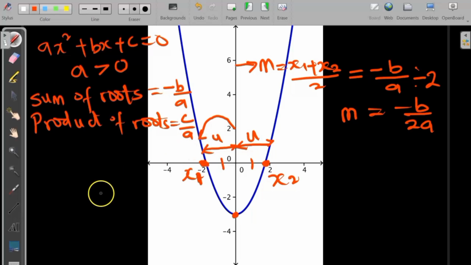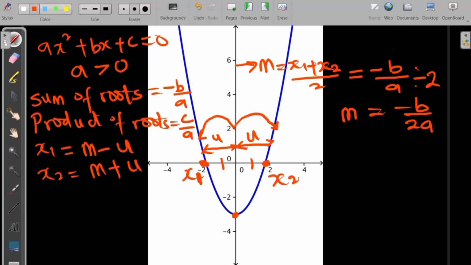Given that U is the interval between M and x1, x1 is the same as M minus U. Now, to get to x2, I move from M in the positive direction through an interval U. So, to get x2, all I need to do is add U to M.